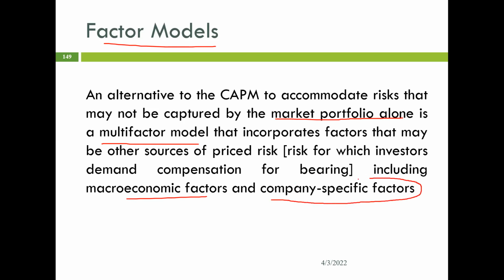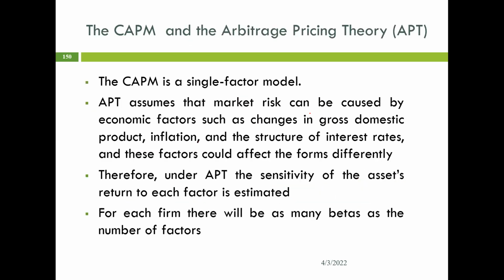They claim company-specific factors also. But in the CAPM, we say that company-specific risk is totally diversified away, but there is some synchronized and unsynchronized risk. So in these factor models, they are arguing that some firm-specific factors should also be considered in pricing the risk. So likewise, certain factor models are there.